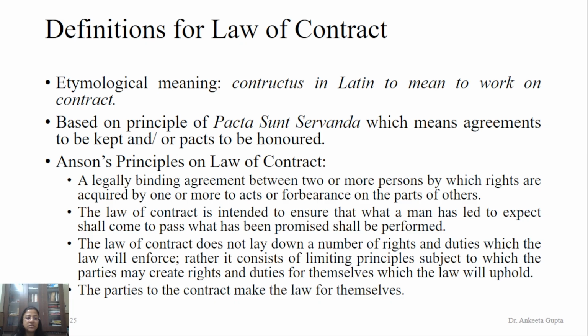So what Anson says is that a contract is a legally binding agreement between two or more persons by which rights are acquired by one or more to acts of forbearance on the part of the other. So, according to him, it is a binding agreement between two or more persons. We are looking at individuals or legal entities, because persons in today's scenario mean legal entities as well.